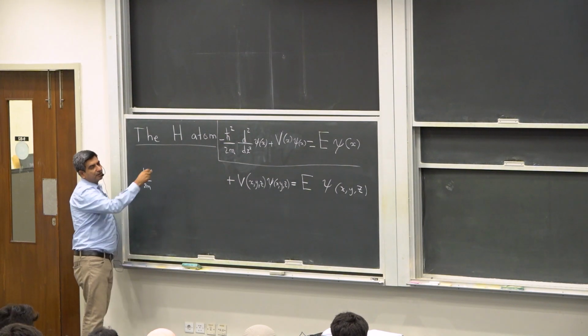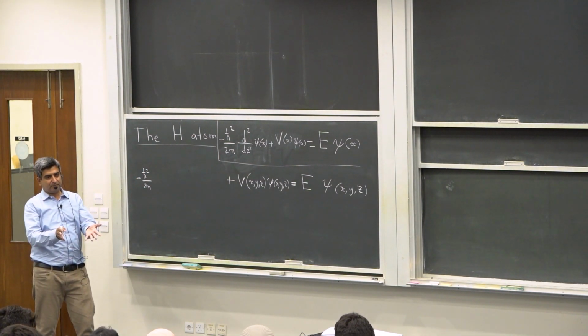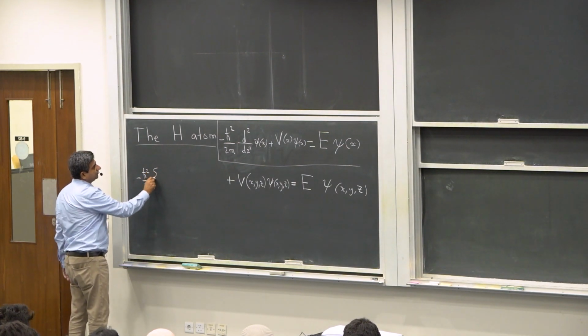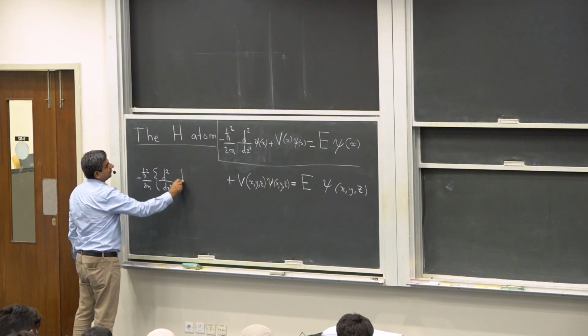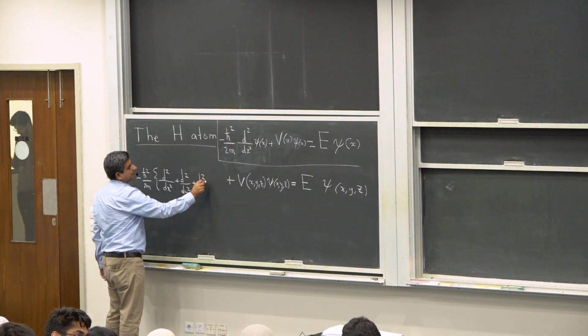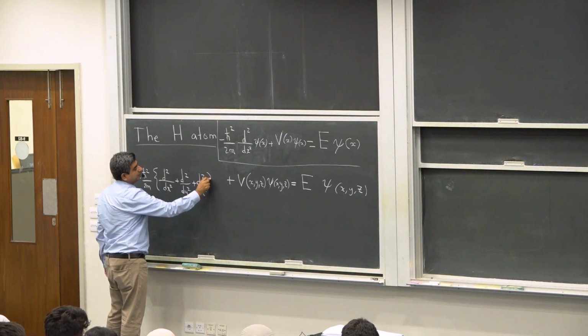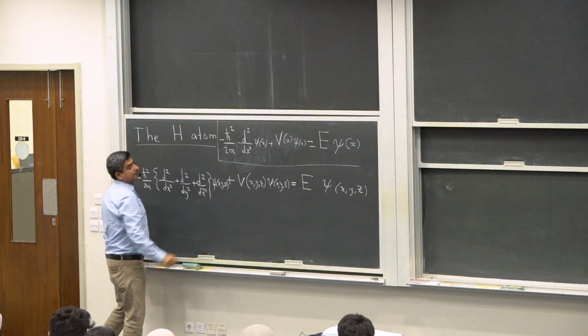Now what about the second order derivatives? You have three kinds of them. So I have an x part, a y part, and a z part, and all three of them act on the wave function. Right?